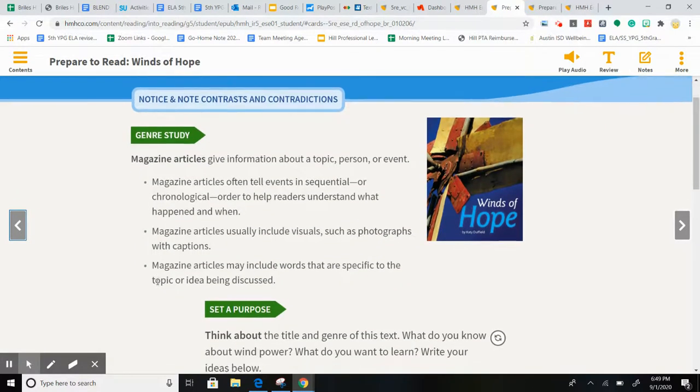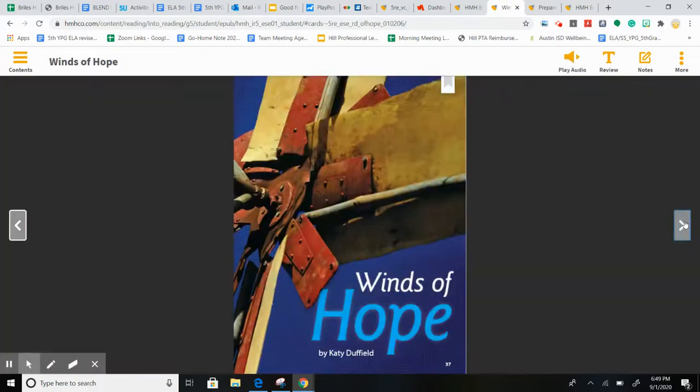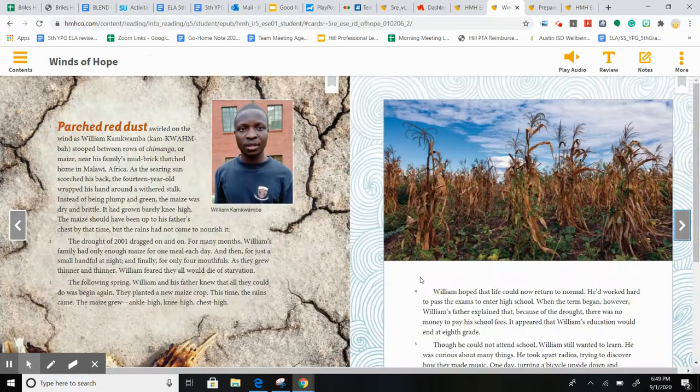When you look at a magazine, as any genre has, they have words that are specific to the topic of that story. So this one is about rural, that means in the country, citizens in Malawi, Africa. That's a country in Africa. So they're living out in the country in the nation of Malawi.